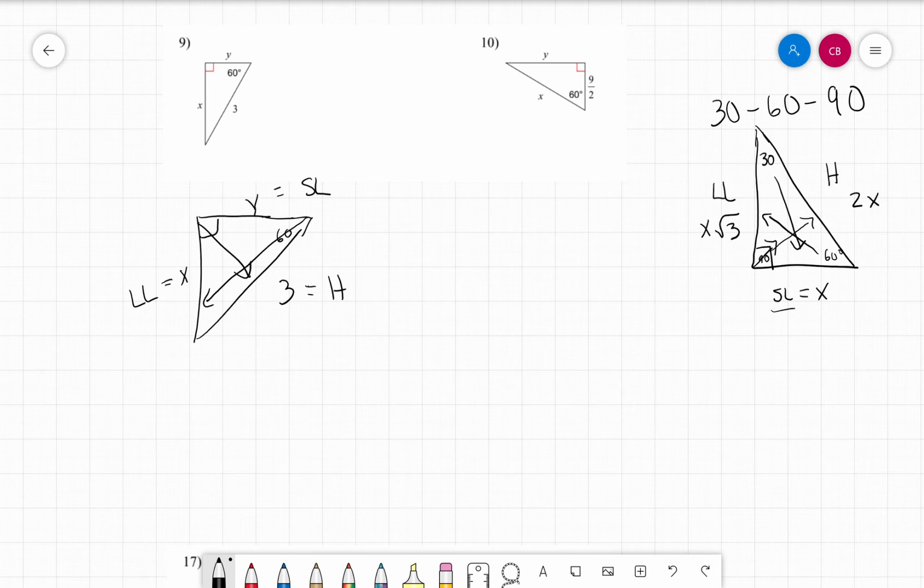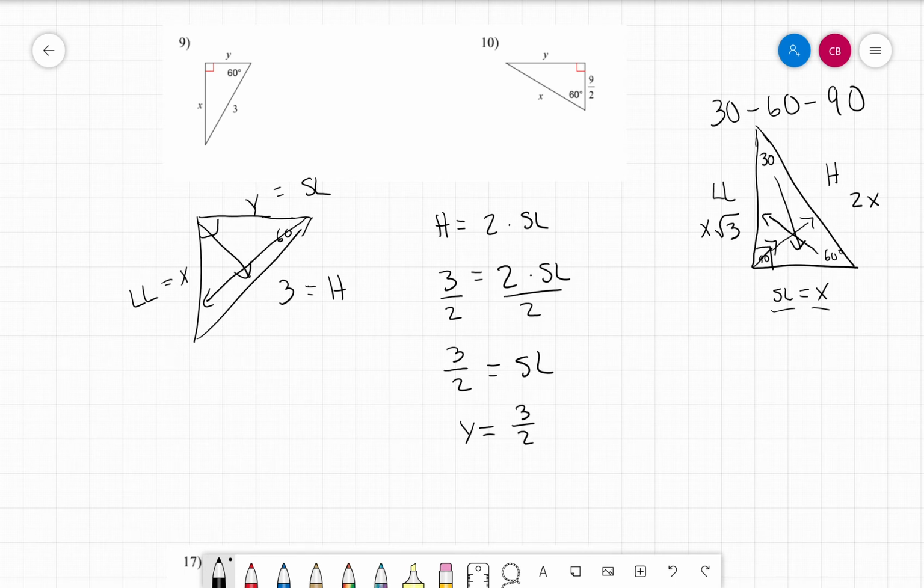We have a relationship: the hypotenuse is equal to 2 times the short leg, because we said the short leg was x. So the hypotenuse, 3, is equal to 2 times the short leg, which we don't know yet, so we'll leave it as SL for short leg. We divide by 2, so 3 halves is equal to the short leg. So y is equal to 3 halves.